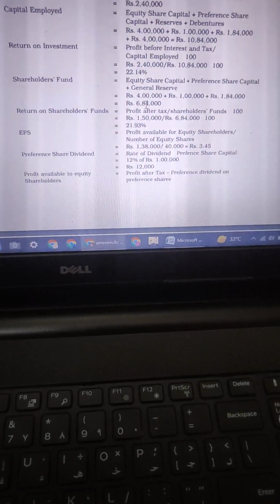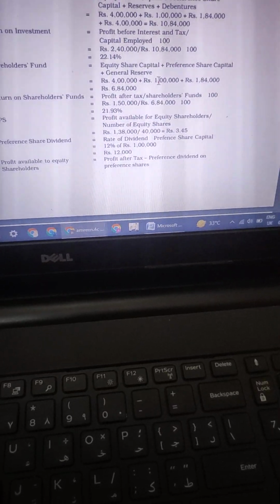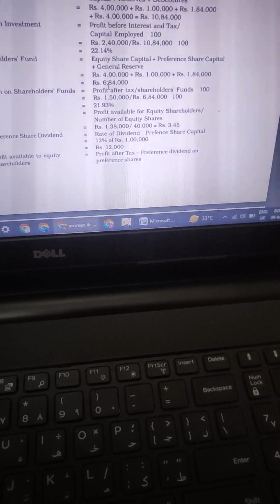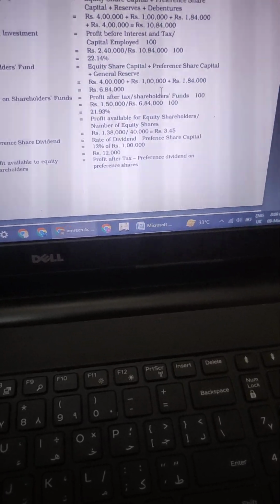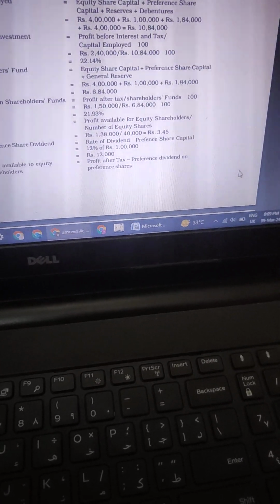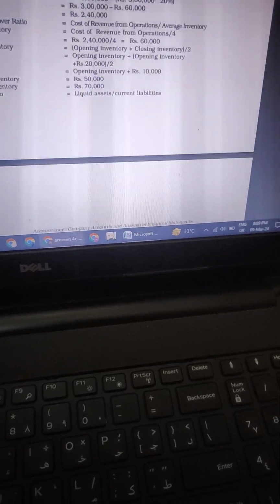The shareholders funds we have calculated as 6,84,000. Then the preference share capital is 1 lakh. So the amount will be 6,84,000 minus 1 lakh, that is 5,84,000. Equity shareholders funds will be 5,84,000.